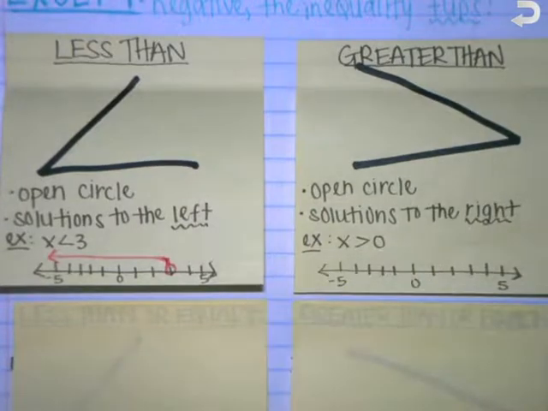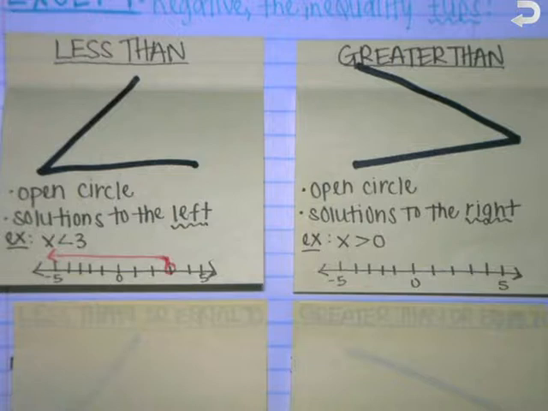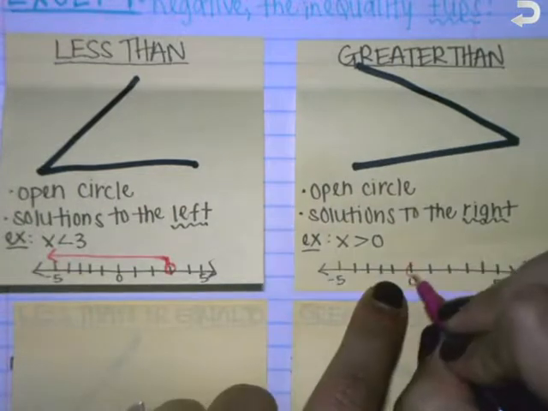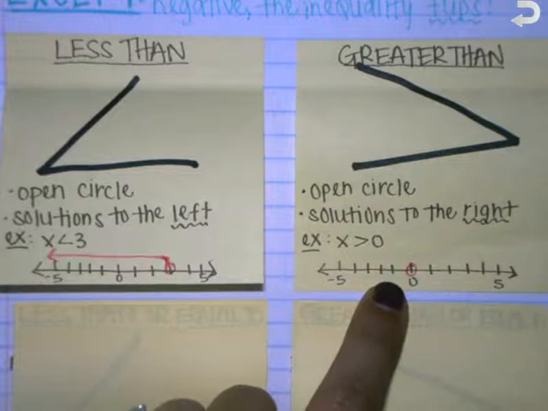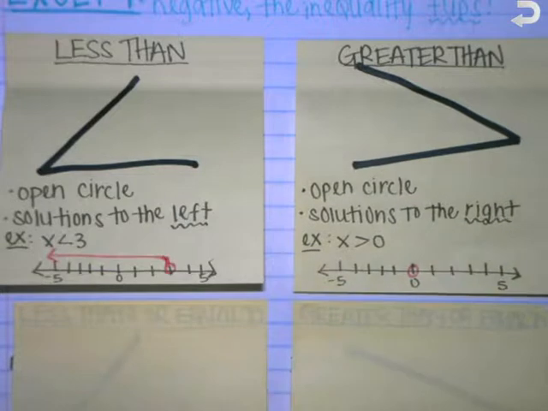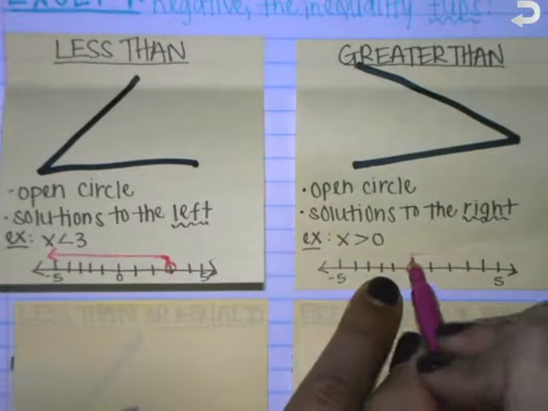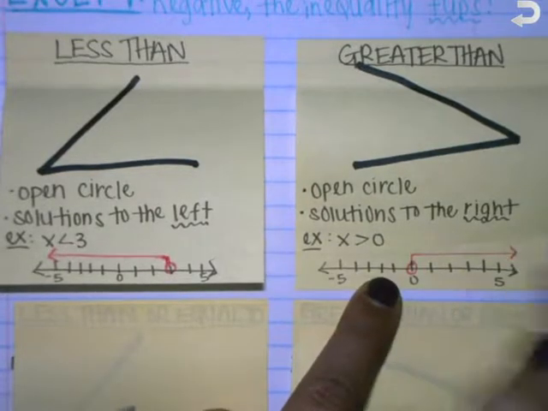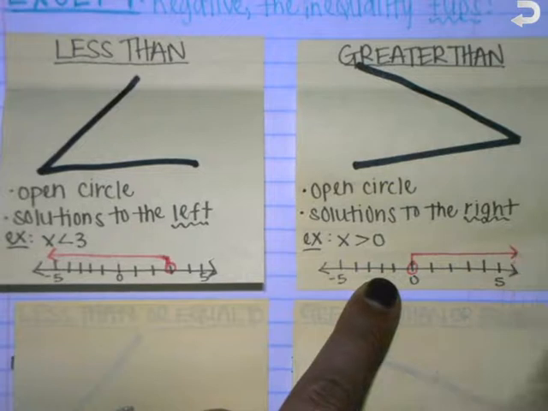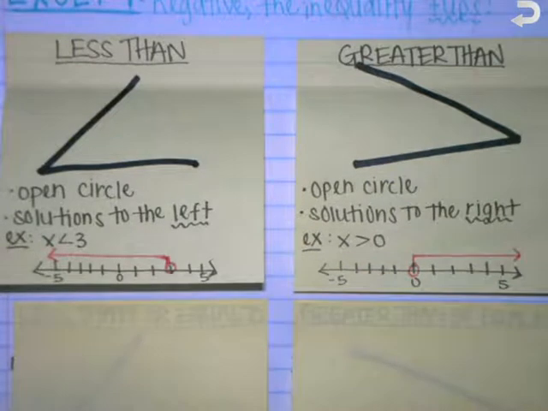Okay, so if we are graphing x greater than 0, we put an open circle around 0 because we can't actually use that as an answer. And all of the answers that are greater than 0 are going to the right. So the arrow just means that that's anything that lies on that line could be a solution.